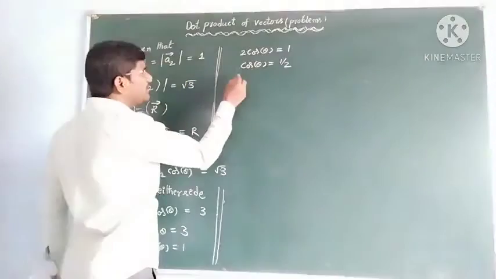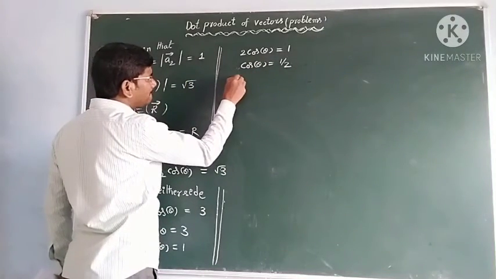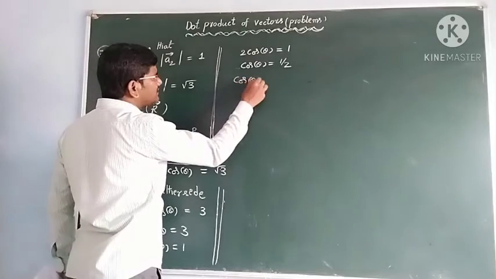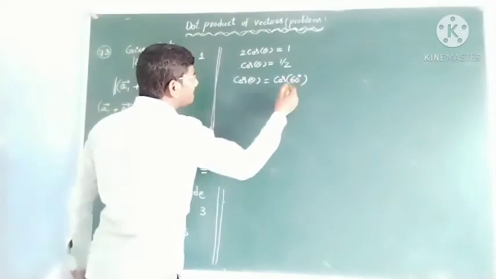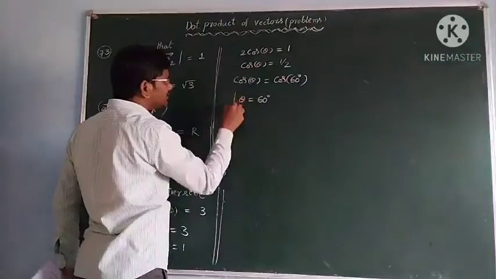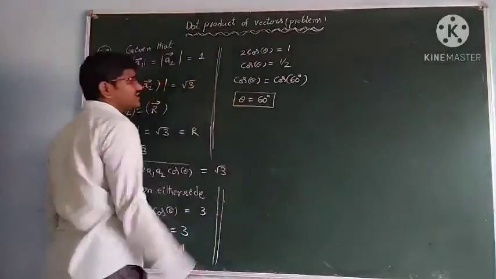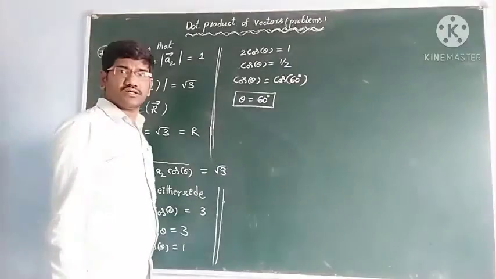Then for how many degrees is cos value 1 by 2? Check it, students. Cos theta is equal to cos 60 degrees, then theta is equal to 60 degrees. That is the answer you are getting.